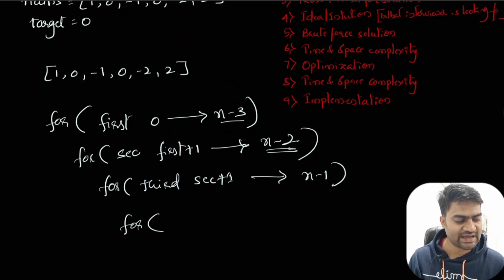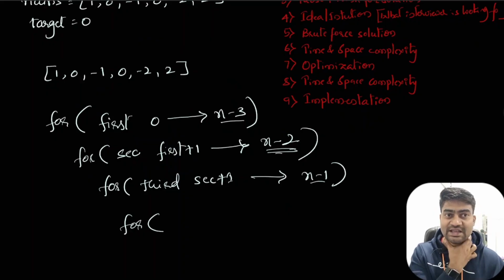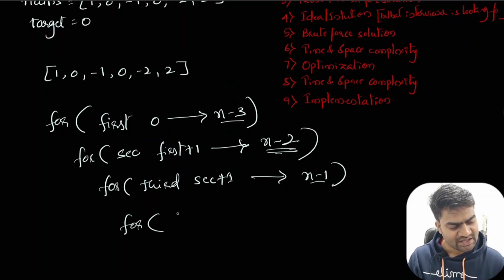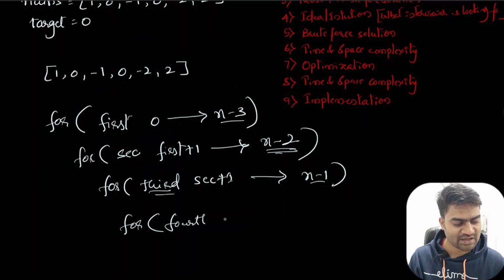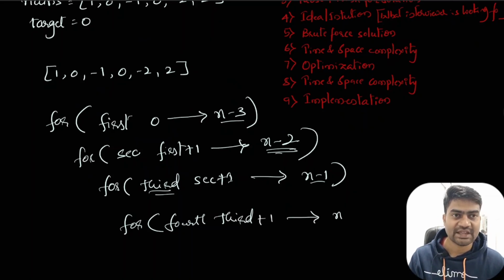If you see, this value is getting reduced by 1 because we need that many numbers after that. Then our fourth number starts after our third number, so third plus 1 till n. Okay, so basically this is less than n minus 3, this is less than n minus 2, this is less than n minus 1, and this is less than n.